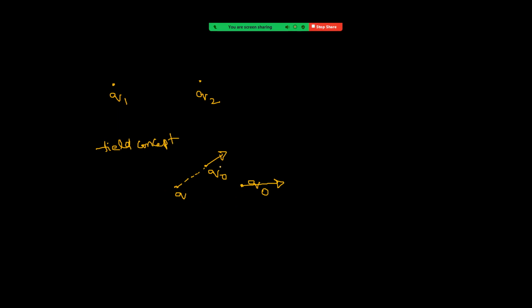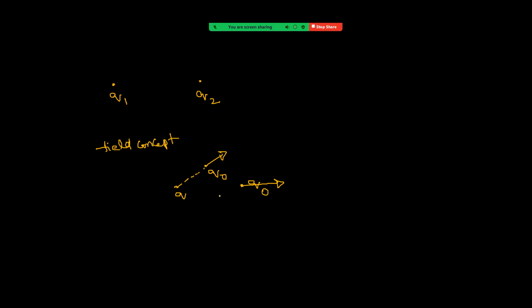So direction of force depends on the position of the charge. At the same time, what is the distance of that charge from this charge? That means at a point, force acting on a charge depends on distance of that charge from the other charge and location of that charge. So like this from point to point, magnitude of force changes as well as direction changes.